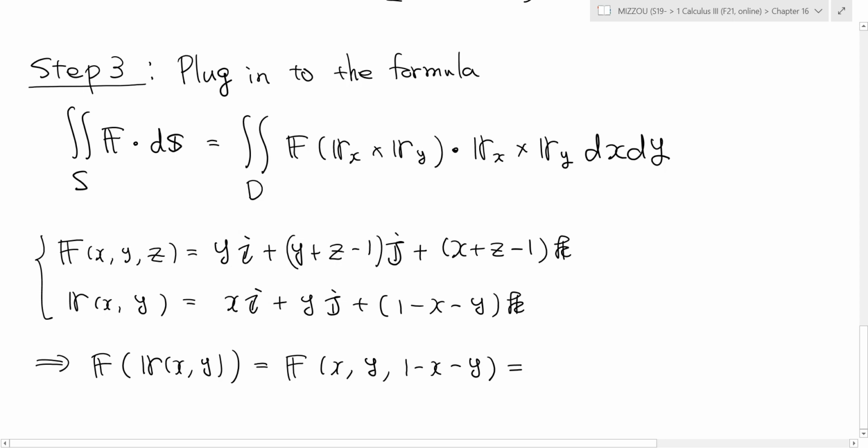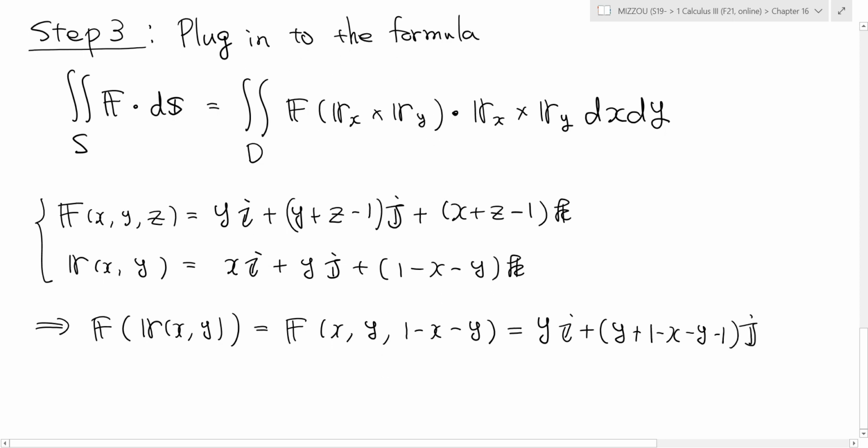So for this expression, y just stays as y, and then z is 1 minus x minus y, minus 1, j, and then plus x stays x, 1 minus x minus y minus 1, k.